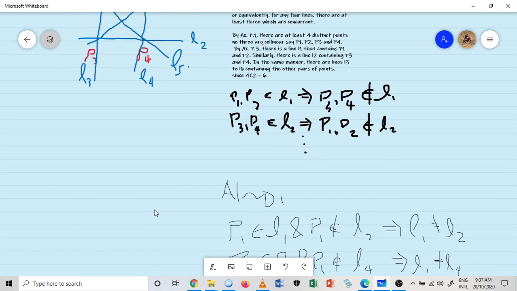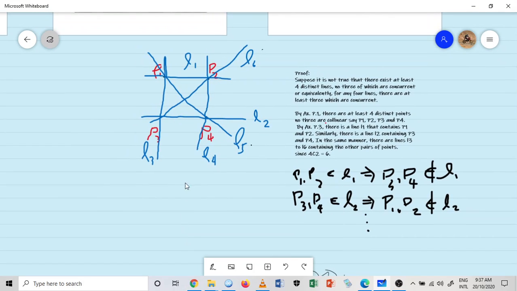Also, we see that P2 is contained in L1, but it is not in L3.